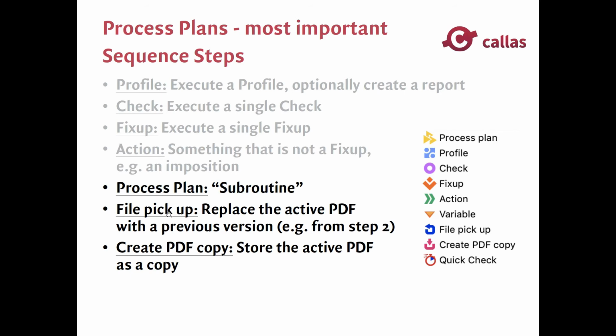You can have a file pickup that will replace the active PDF with the previous version of that PDF while running through your process plan, or you can create a PDF copy just to save it and put it out at the end of the process plan as an additional result.